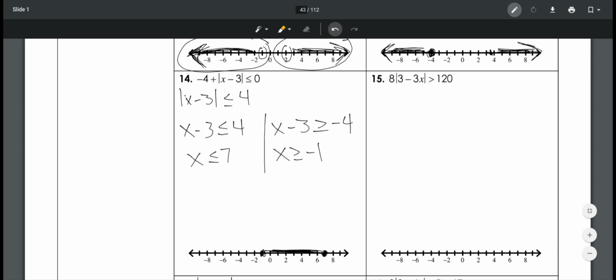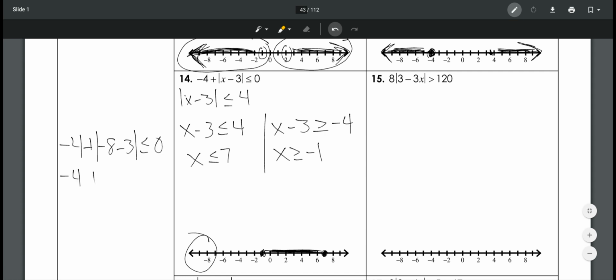When you do an intersection, the numbers that you shade have to work in the problem. Negative 8 will not work in this problem. Negative 8 is not shaded, so if I check negative 4 plus absolute value of negative 8 minus 3, it should be less than or equal to 0.